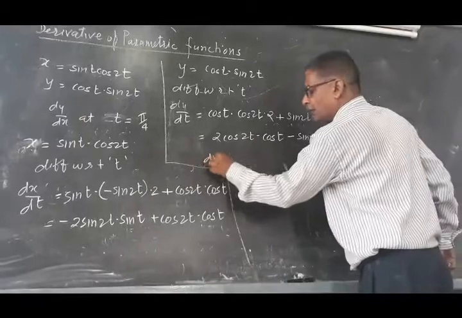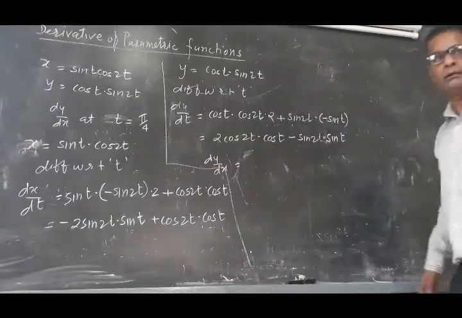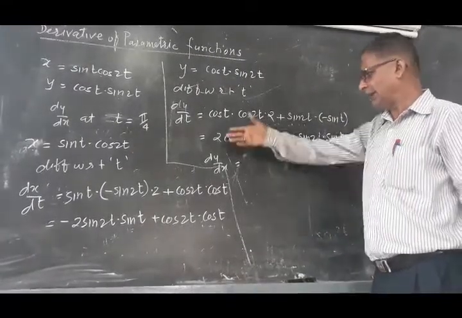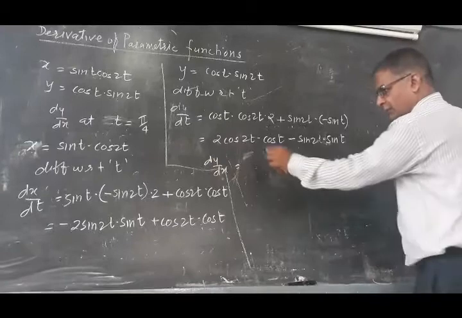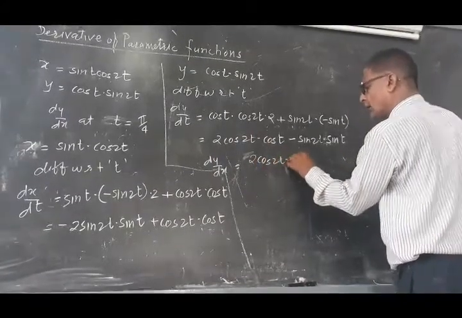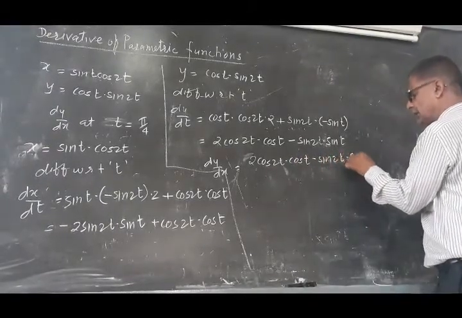Now dy upon dx, we know, is equal to dy upon dt divided by dx upon dt. I can directly write this part here. Dy upon dt means what? 2 cos 2t into cos t minus sin 2t into sin t.